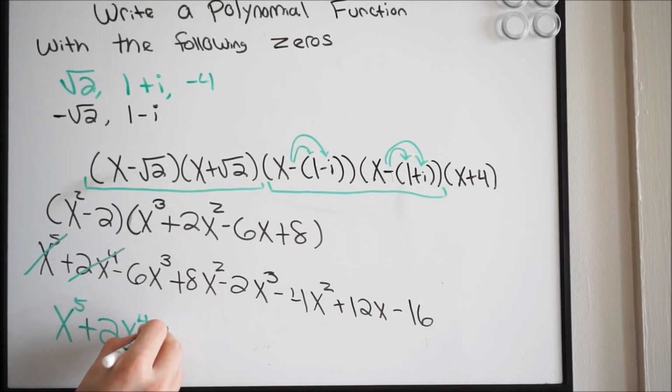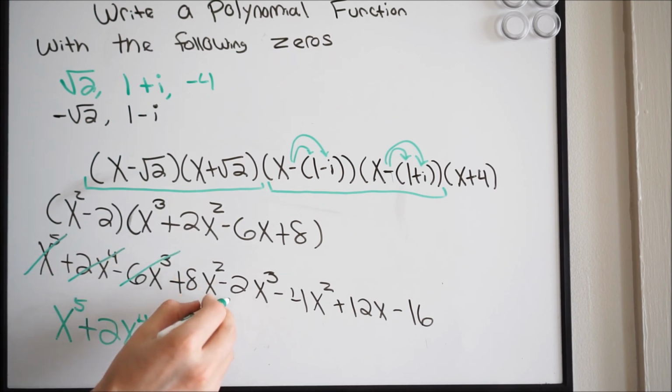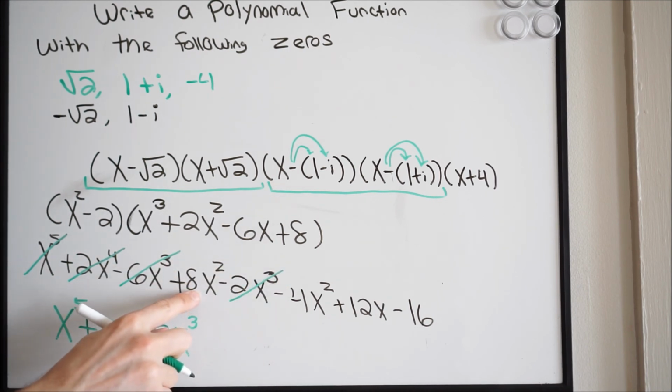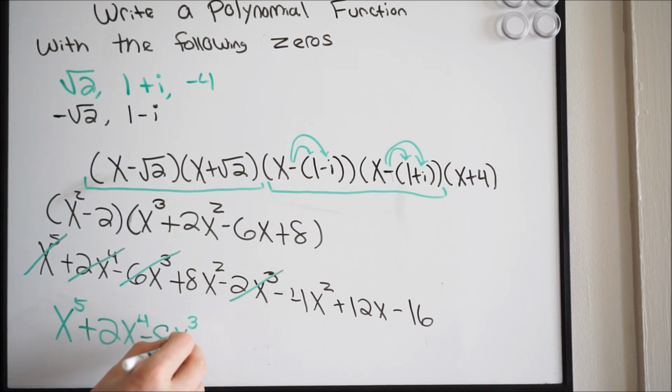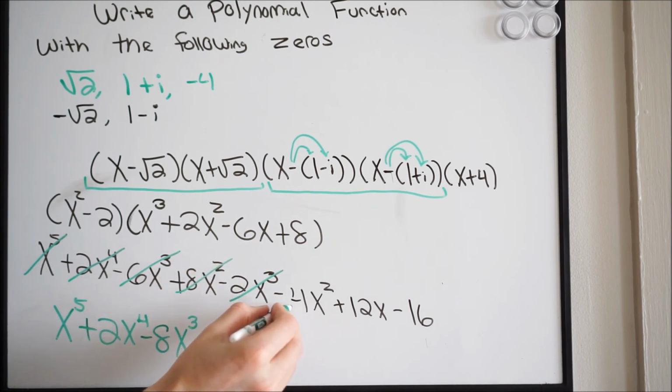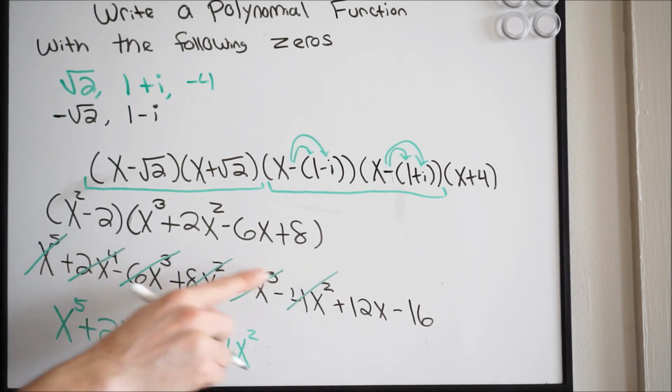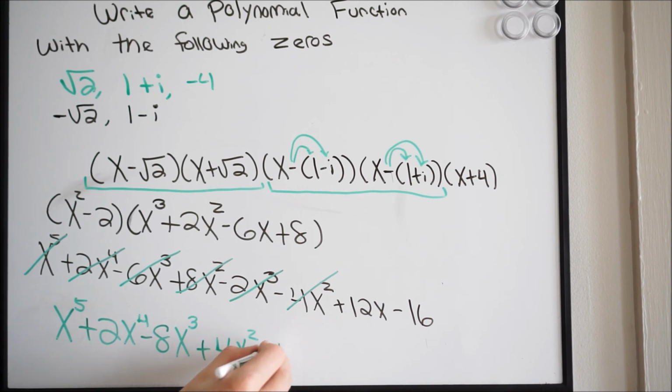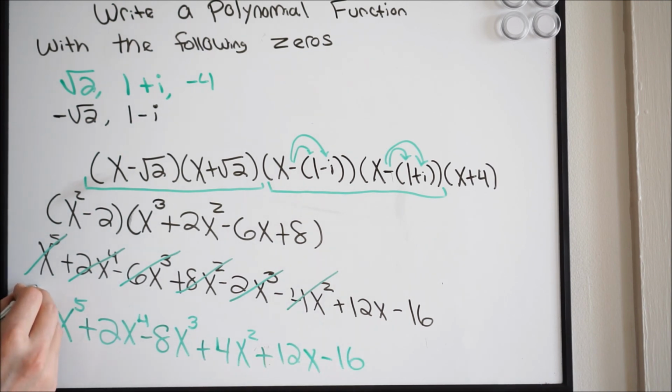That makes negative 8x cubed. Gone, gone. Positive 8x squared, negative 4x squared, that makes plus 4x squared. Okay, and then just plus 12x and minus 16. So this is our final answer.